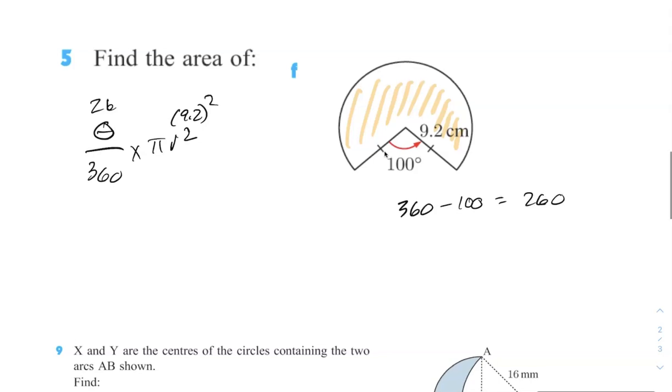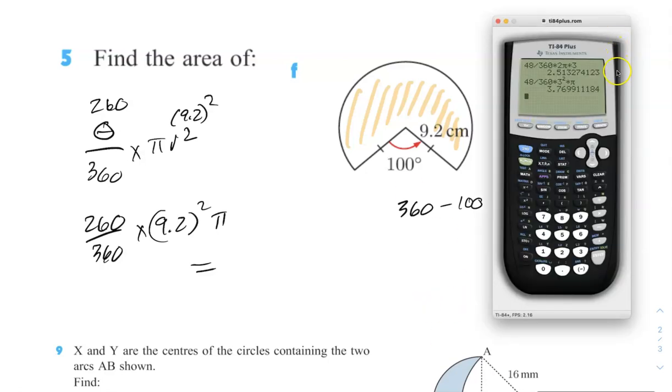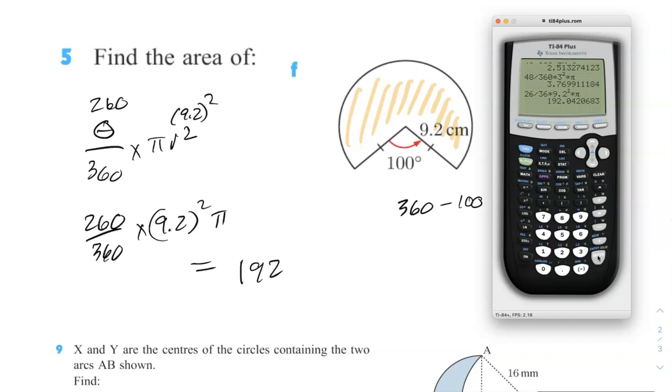So 260 over 360 times 9.2 squared times pi. Put that all into my calculator. I get 192 centimeters squared because it is area.